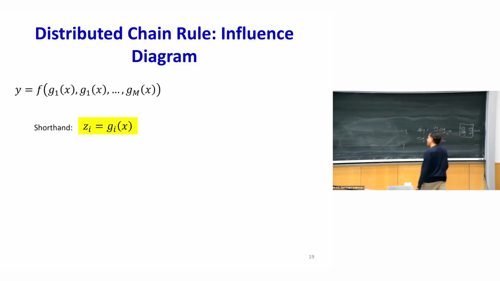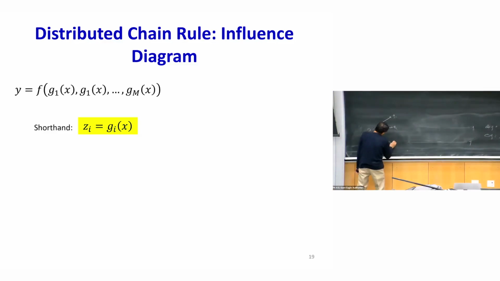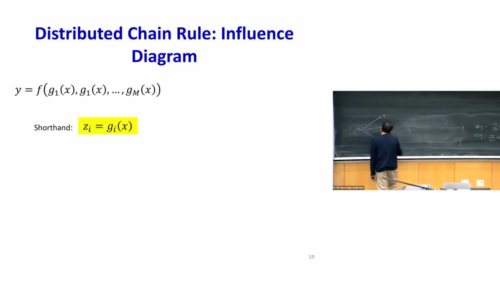So I would have x influencing g1, g2, gn, and each of these in turn is going to influence y, right? Everybody with me? What weights would these edges carry? Partial derivatives.